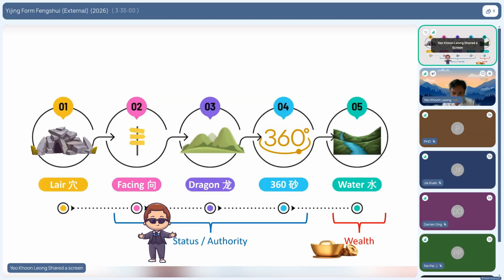Because water flow alone cannot save a weak structure. Sometimes it may cause more harm than help. I repeat, if you have a very good water flow, but you have a very bad facing, dragon and the 360, this water flow may not necessarily help you, but it may cause you even more trouble. So in short, it must work together with the previous 4 nodes.